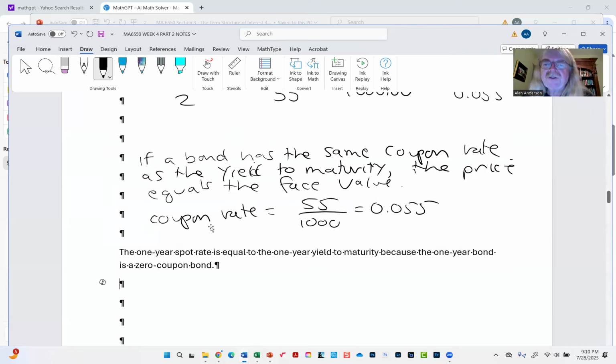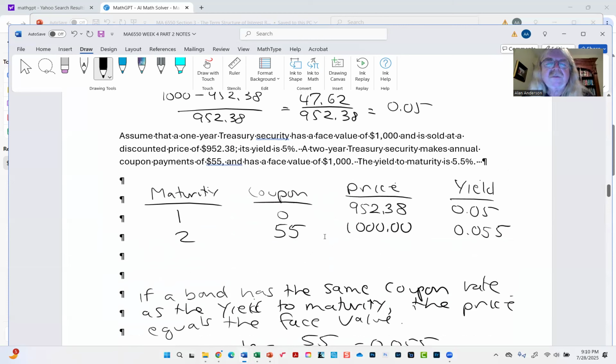So actually, you know what I should have probably done? I should have left more room here. Hold on 1 second. I think I'd like to squeeze it all in together if possible.